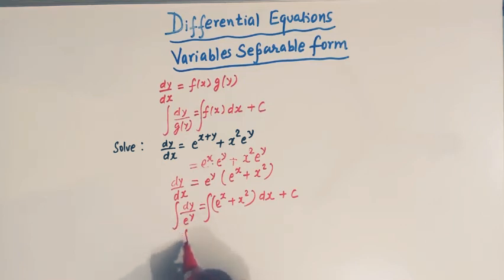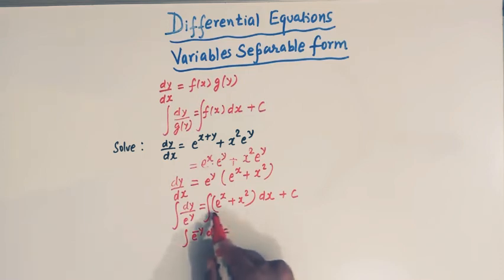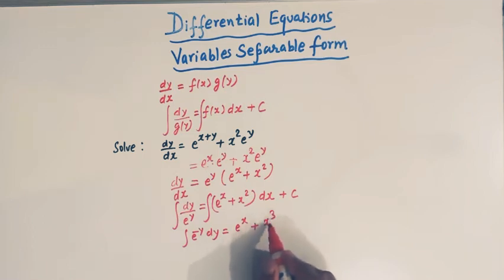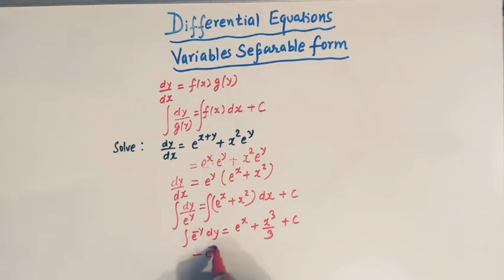This is the integral of e raised to minus y dy, and here the integral of e raised to x is e raised to x, and the integral of x square is x cube over 3 plus c. The integral of e raised to minus y is minus e raised to y, so we get minus e raised to y equals e raised to x plus x cube over 3 plus c, right?